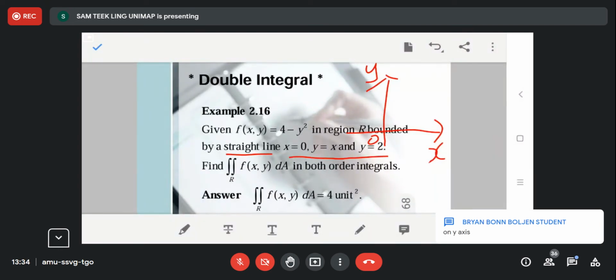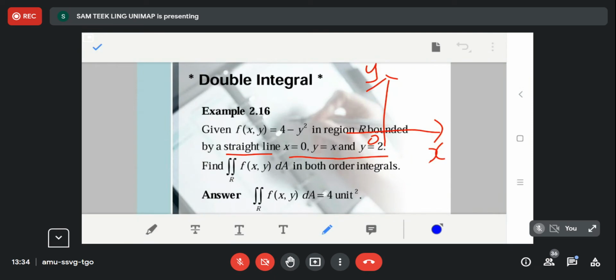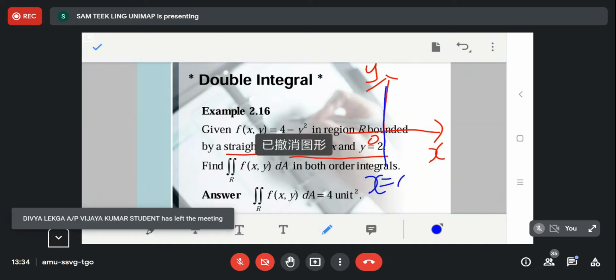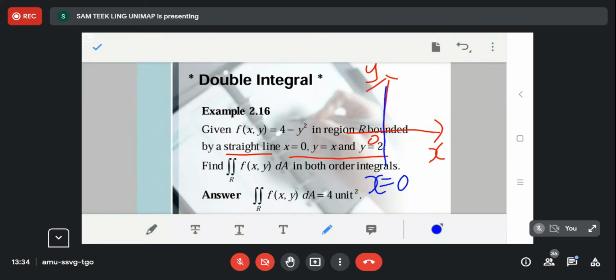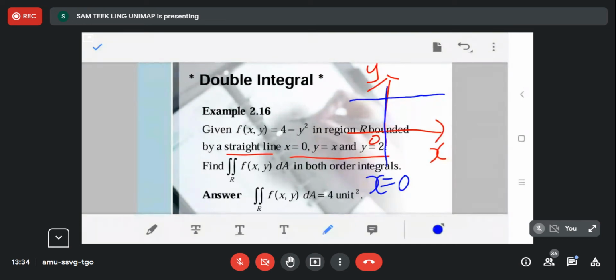The y-axis exists, so first, your x equals 0 is the y-axis. This is my x equals 0, the first line. Then y equals 2 is something like here. At here, y equals 2.